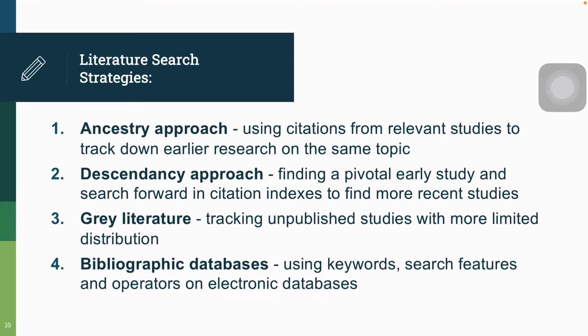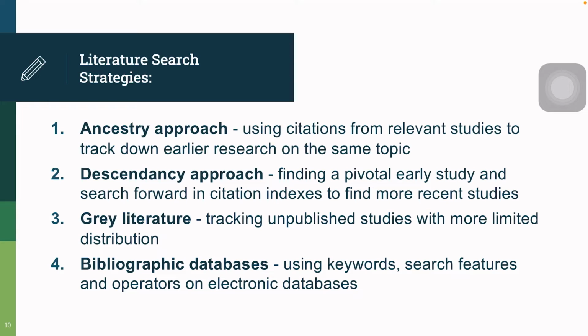Now, there are many ways to search for research evidence, or literature search strategies. We have the ancestry approach, the descendancy approach, gray literature, and the most common one is your bibliographic databases. For an ancestry approach, these are using citations from relevant studies to track down earlier research studies on the same topic.